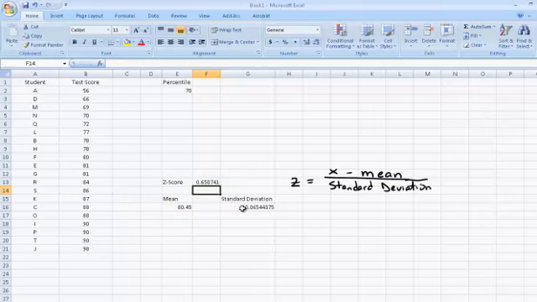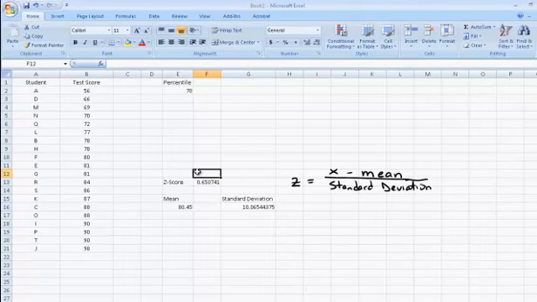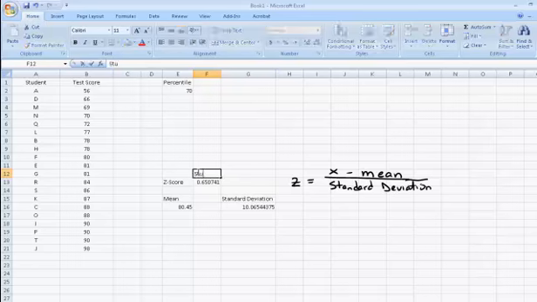We get 0.65. Notice it's a positive number. The positive number indicates that the student's score is above the mean, so the student did better than average, and that the student is 0.65 standard deviations away from the average of an 80. So we have the z-score for student K.